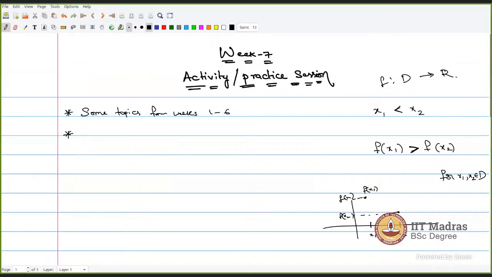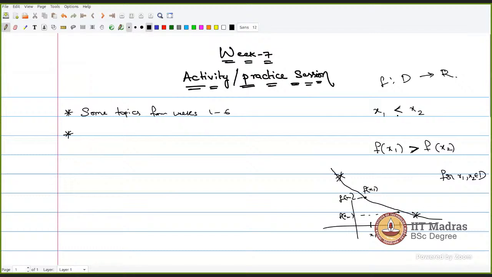If I take any 2 points like this on my graph and compare their x coordinates and y coordinates, the x coordinate of this point is lesser than that of this point, but the y coordinate of this point is greater than that of this point.